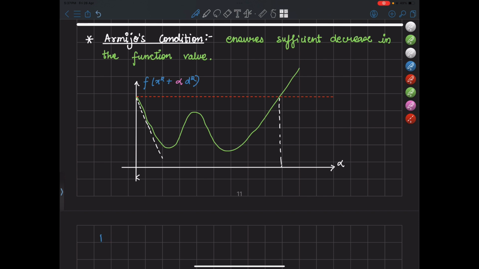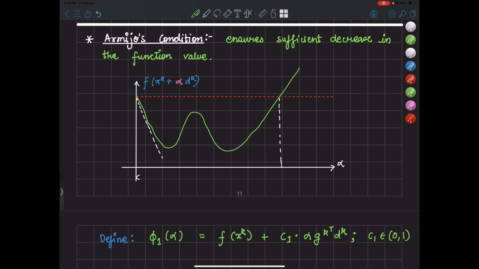So we define a function phi1(alpha), which is given by f(xk) plus c1 alpha gk transpose dk, where c1 is some constant value between 0 and 1.